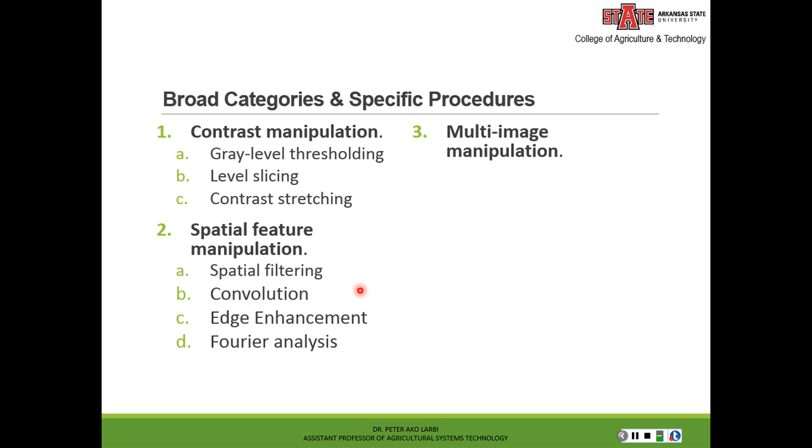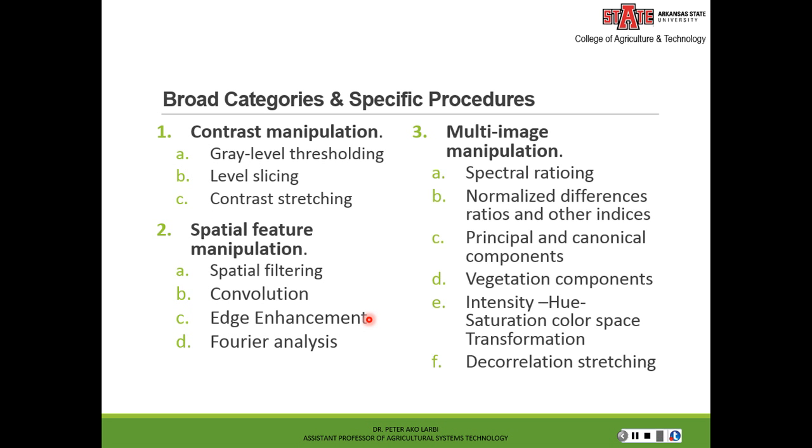I'm not going to explain all of these in this video, but I would dwell on the ones that are pertinent to our demonstrations. Under this category, we would demonstrate edge detection at some point. We also have, under multi-image manipulation, spectral ratioing, which we will touch on.